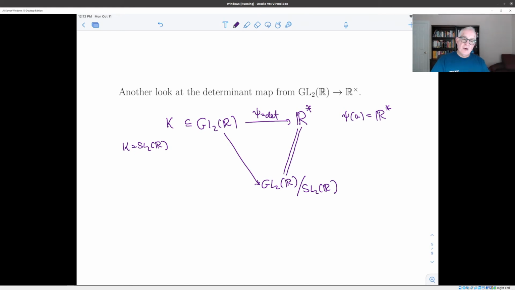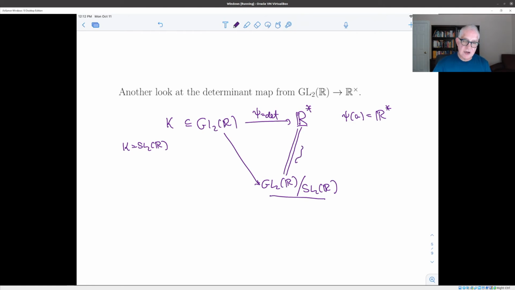So you can use this theorem in lots of different ways. One thing that you can use this theorem for is that it tells you that this quotient group must be isomorphic to R star. Because the determinant map is onto R star, by the isomorphism theorem, you have to be able to first go to GL2R mod SL2R, and then this has to be an isomorphism onto the image.